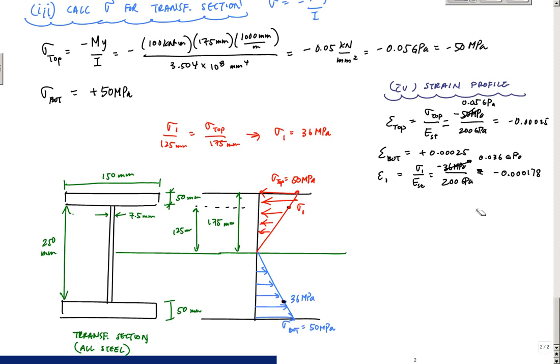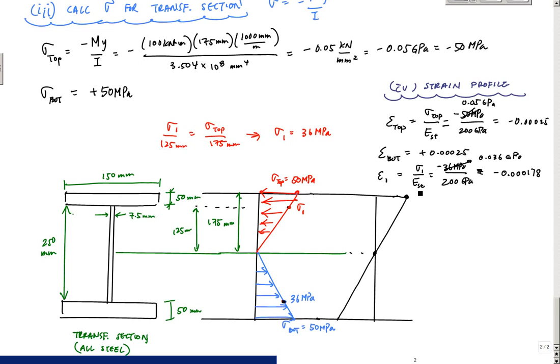Now if I want to draw the strain profile of the transformed section, let me draw a vertical line. Using Hooke's law, all I did was divide all the stresses by the modulus of elasticity of steel. I have the neutral axis, and the strain at my neutral axis is 0. I have a linear strain profile. All the strains on the right are considered negative, or compressive, strains.